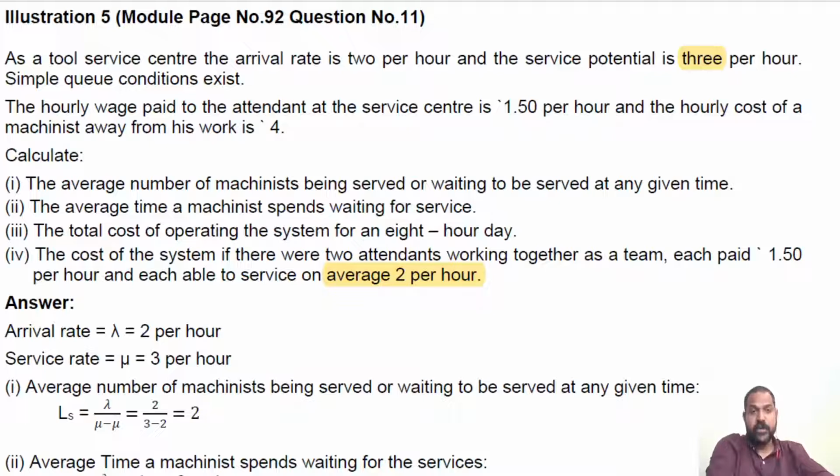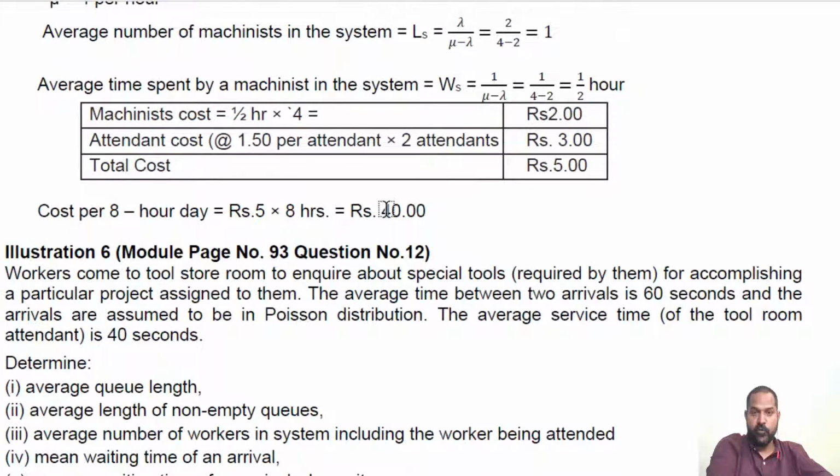The question says the cost of the system if there are 2 attendants working together as a team paid 1.50 per hour and each able to serve 2 people. So that's it. That's all that is asked. Okay. Let's look at their solution. Here, if you notice, their solution is also 40 rupees, which means their solution and our solution is the same.